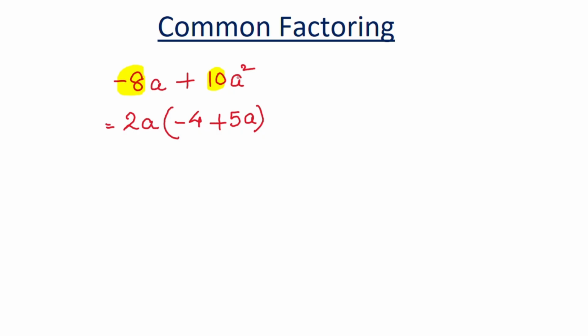We could do one more thing. Instead of taking 2a as common, we could also take negative 2a as the common factor. None of them are wrong. If you take negative 2a common, in that case, negative 8 divided by negative 2 gives us 4. The a we have already taken common, so no variable with it.